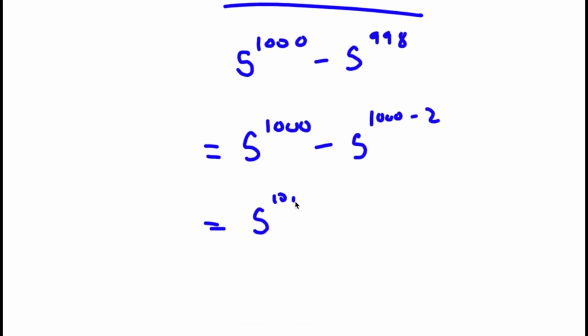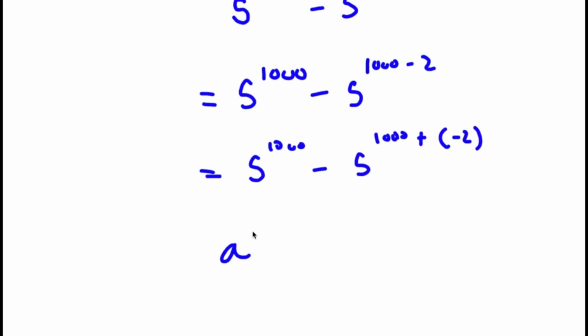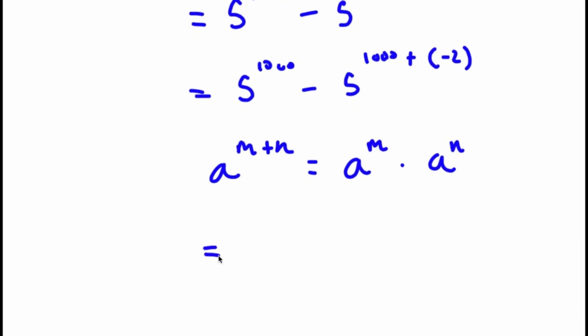And now this is the same thing as 5 to the power of 1000 plus negative 2. Now remember, if I have something in the form a to the power of m plus n, this is equal to a to the power of m times a to the power of n. So in this case, 5 to the power of 1000 plus negative 2 is going to equal 5 to the power of 1000 times 5 to the power of negative 2.